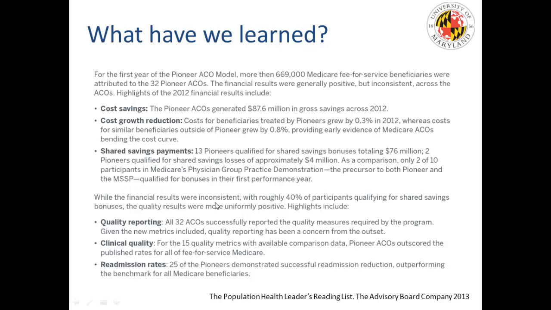And you'll see while the financial results were inconsistent, with roughly 40% of participants qualifying for shared savings bonuses, the quality results were more uniformly positive. And look at this one here: 25 of the pioneers demonstrated successful readmission reduction, outperforming the benchmark for all Medicare beneficiaries. So basically the benchmark was, let's look at readmissions for all Medicare beneficiaries before 2012 or 2013, and so that was the benchmark.